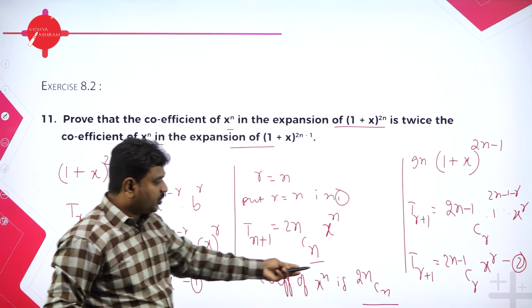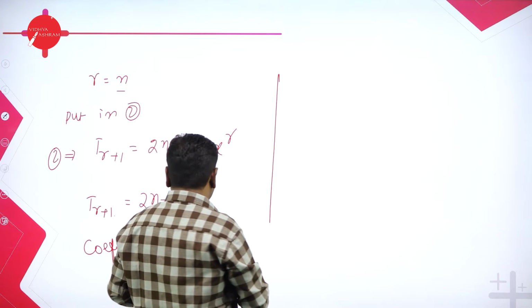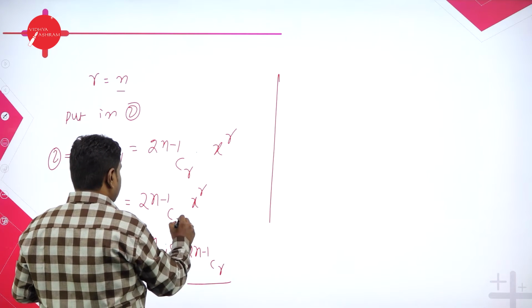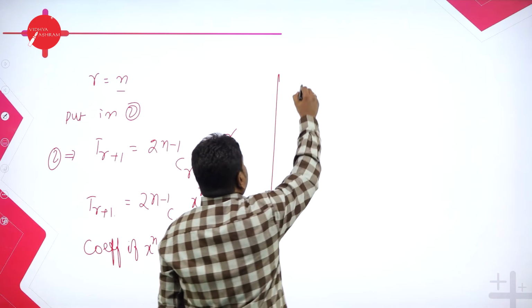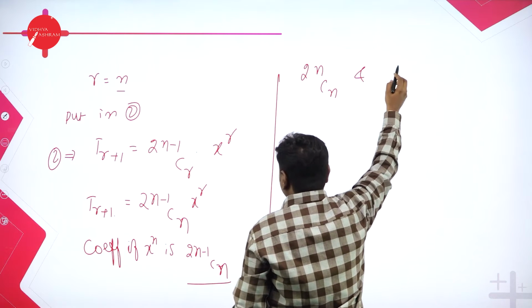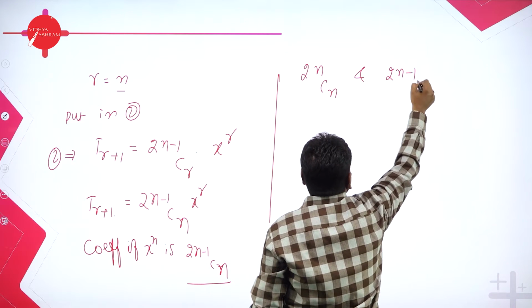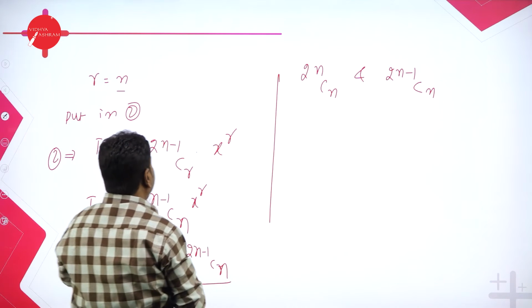So now our task is to prove it. What is the earlier coefficient? 2n Cn. Here the r place is occupied by n. And one more coefficient is 2n−1 Cn. I want to get the relation, how they are related.